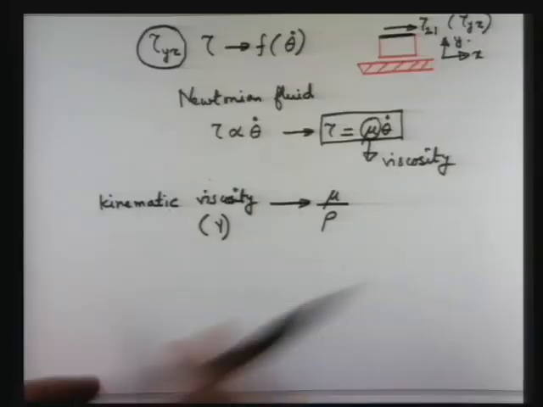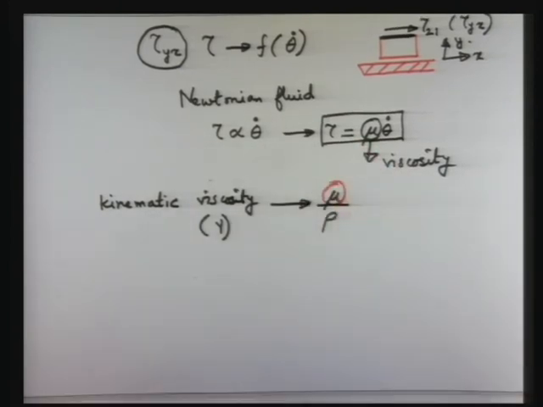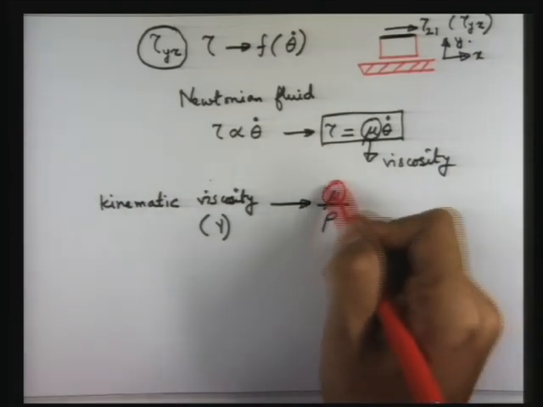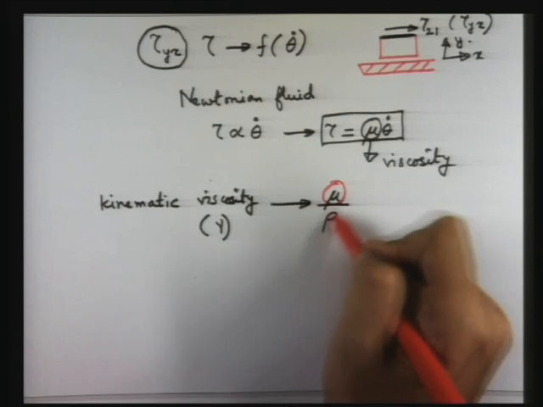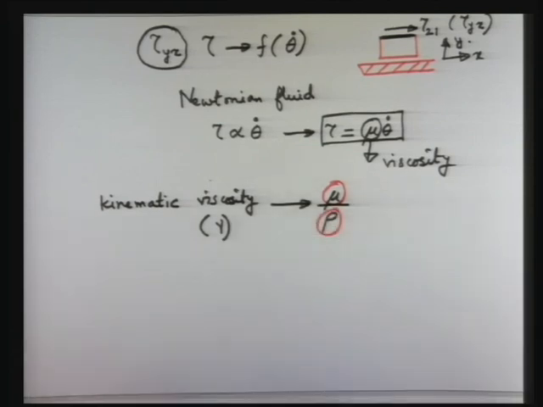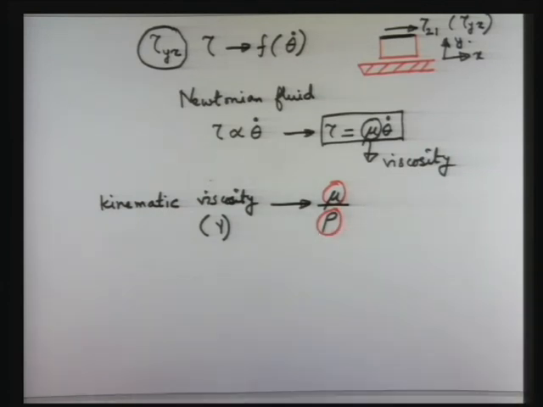So here you see, this mu is like the ability of the fluid to accept the disturbance. This is the messenger of disturbance. Rho is the tendency of the fluid to sustain its motion. Rho is related to the mass, and mass is the measure of inertia.